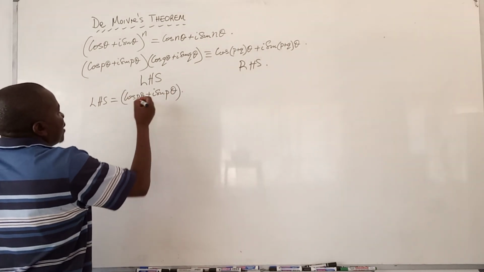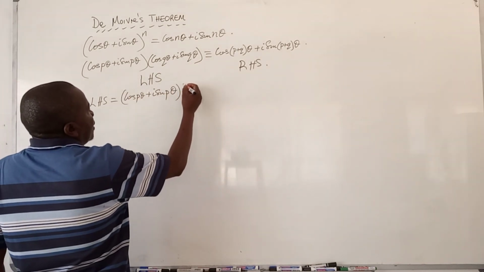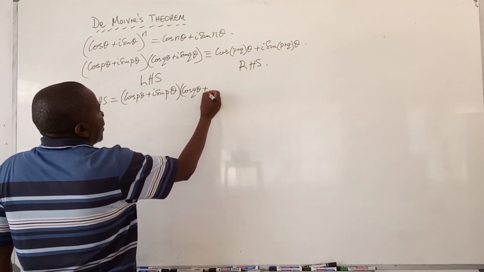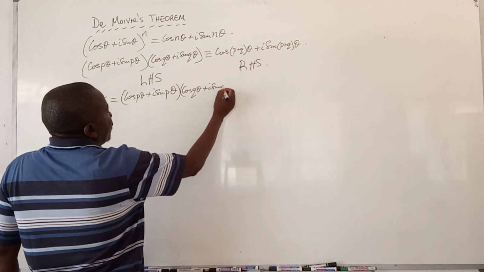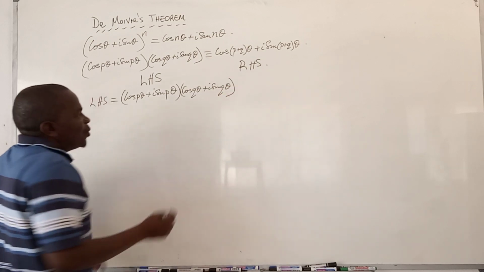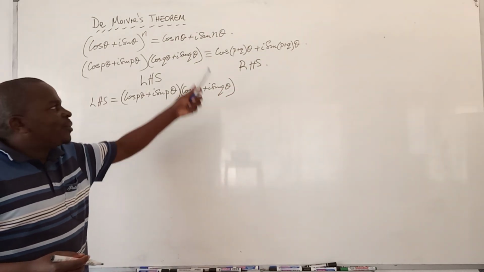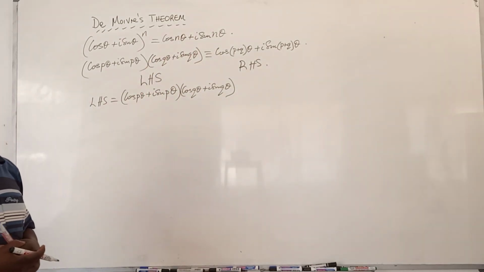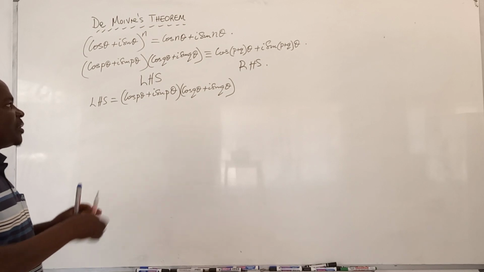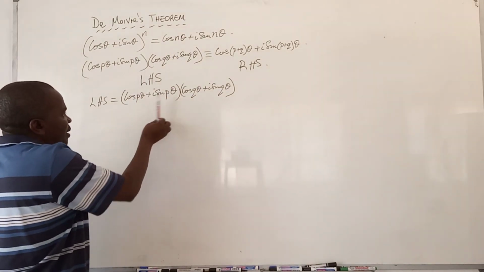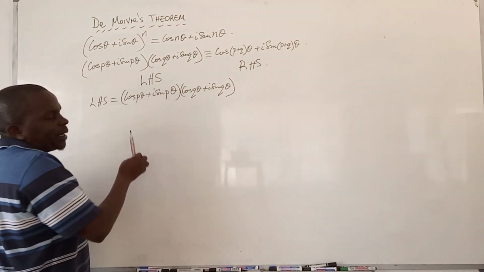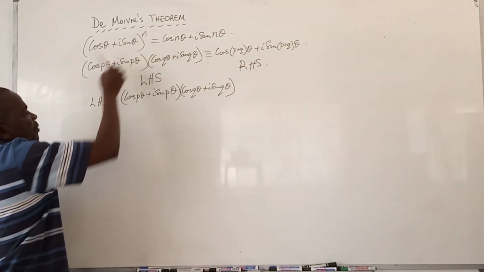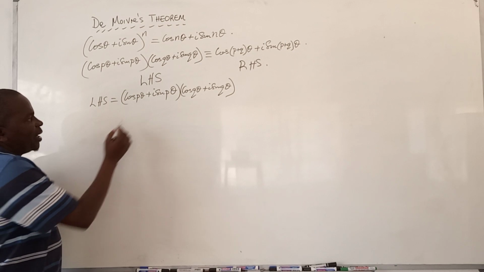And this is being multiplied by cos of q theta plus i sine of q theta, which is also similar to the right-hand side of De Moivre's theorem. Now we are going to apply this theorem twice, at this part and the other part, so that we change from this form to the left-hand side form of the theorem.